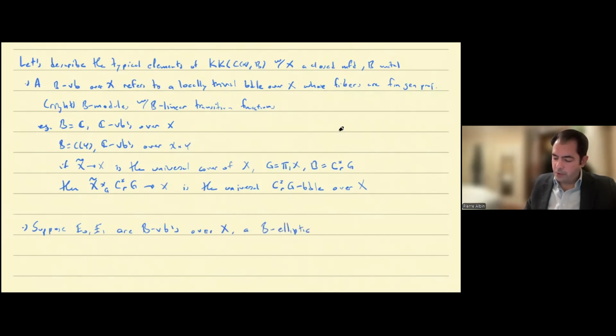A B-elliptic operator refers to a bilinear elliptic IDO.